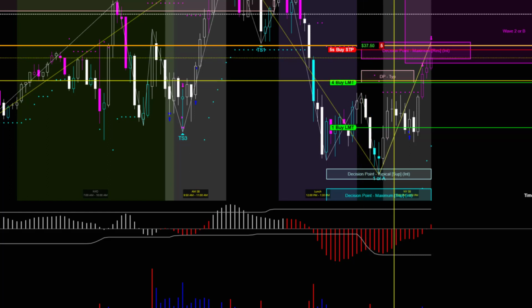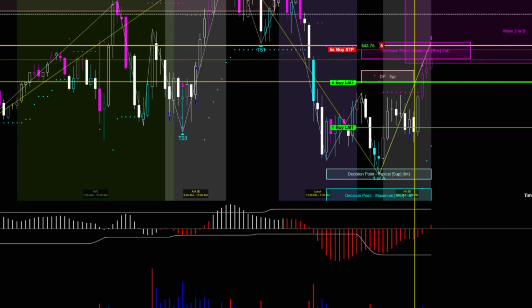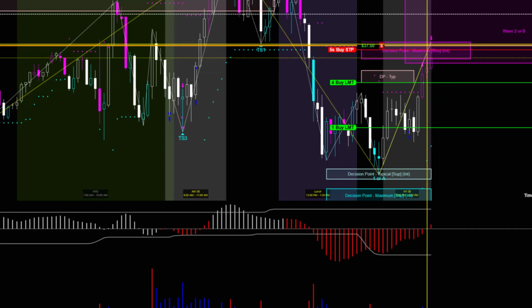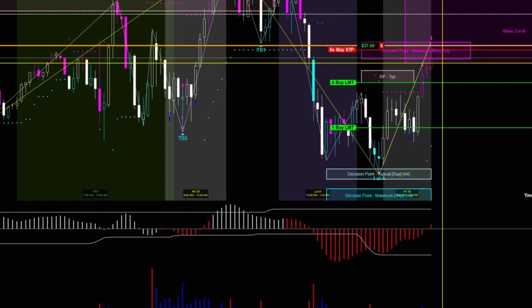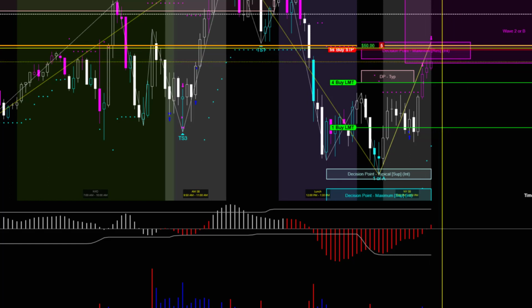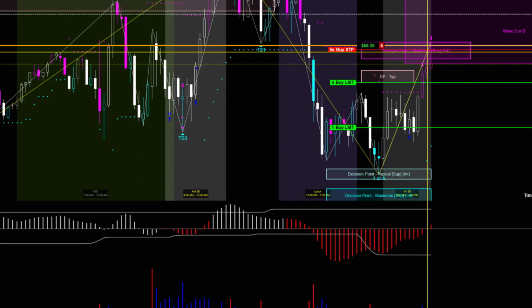And we bought down here, sold right here when we hit this first decision point, and then pulled into the second one and hit the very top of it and bounced out. And I got in just right there close to that top, just far enough off of it to get filled. And we'll see if this thing goes down.